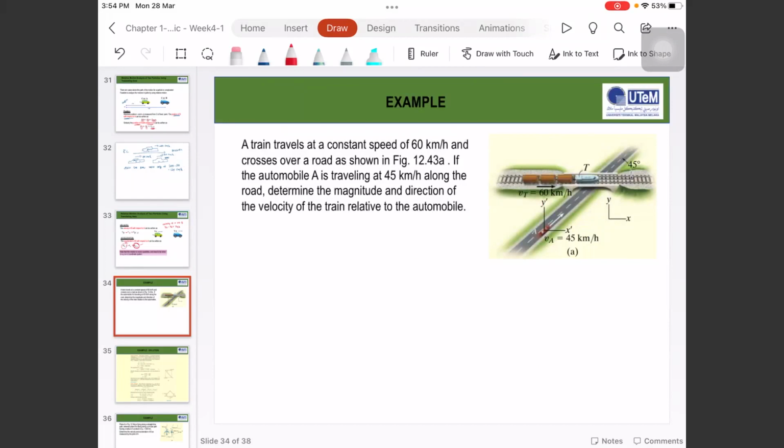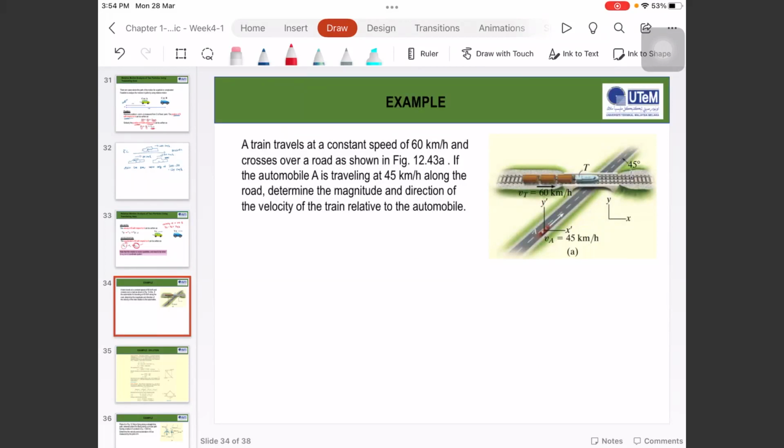Example. We have a train travel at constant speed 60 km per hour and cross over a road as shown in the figure.